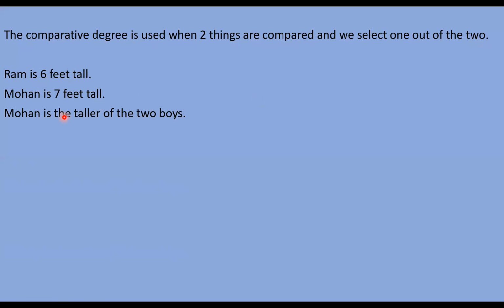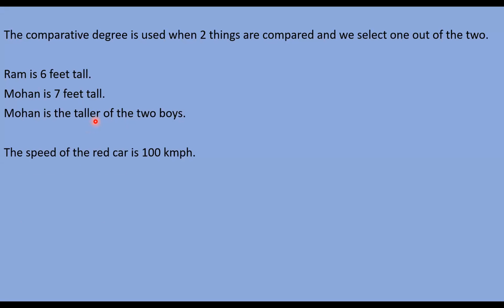We are selecting who is taller between these two boys. You can observe that we have used the comparative degree here, and we are making a selection while making the comparison. When we compare two things and select one of them, in that case you can use comparative degree, in the way I have used it here.